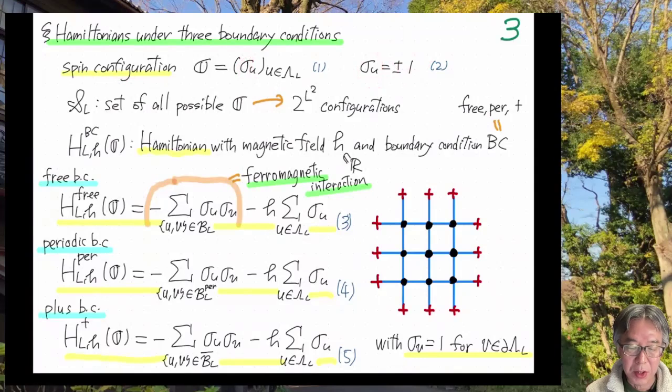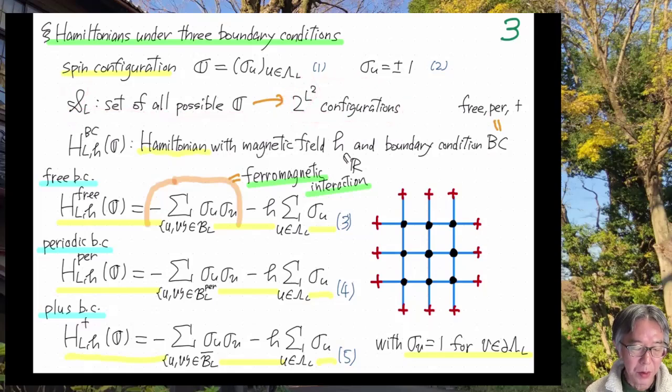Since each spin can take two values, there are essentially 2 to the L squared distinct spin configurations. So I denote by S L the set of all possible spin configurations. There are so many elements here.